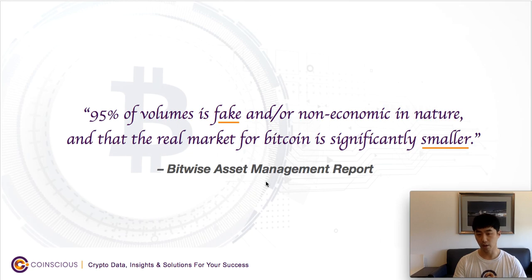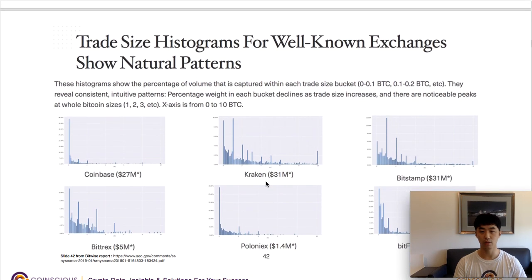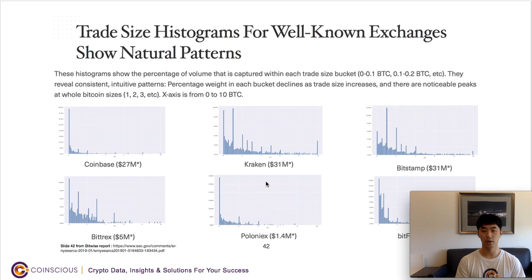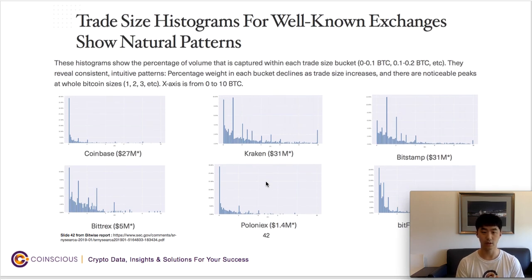The way they back up this argument is as follows. They look at the trade size histograms, the shape of the distribution over trade size. What they define as the natural pattern of distribution looks like these figures, where the trade size frequency decays exponentially as the trade size gets larger.